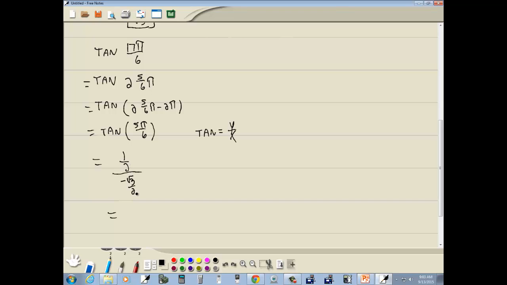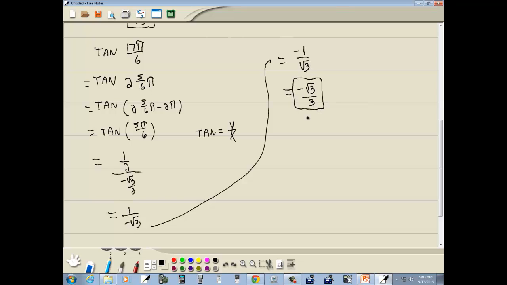Well, we got 2's in both those denominators, so those cancel. So I got 1 over negative square root of 3. I'll put the negative up on top. We don't want the square root in the denominator, so we multiply top and bottom by the square root of 3. So we're going to have negative square root of 3 over 3. And that's our answer.